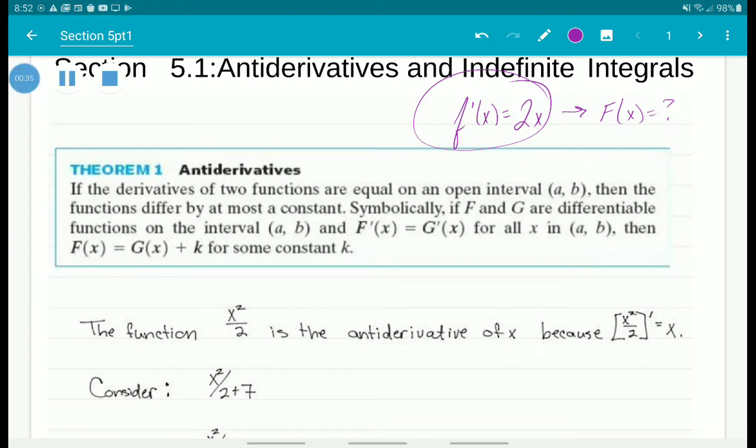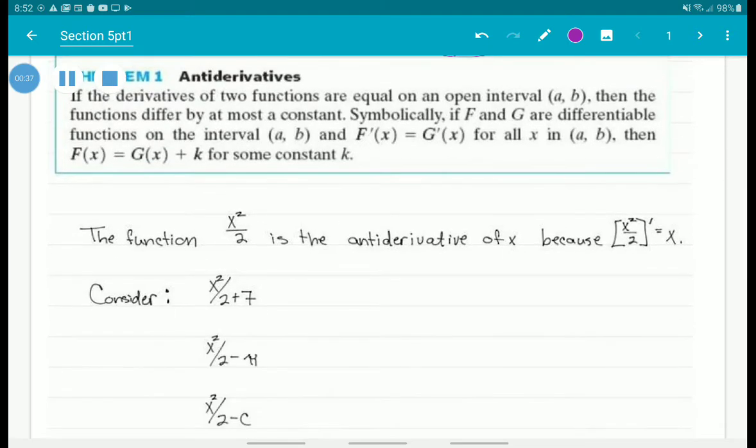So I want to think about a couple of different scenarios here. What if we were to think about the function x squared over 2 plus 7? If we were to take the derivative of this, I'll call this f of x, the derivative would be 2x. Well, what if we had a different function, I'll call it g of x, that was x squared over 2 minus pi?